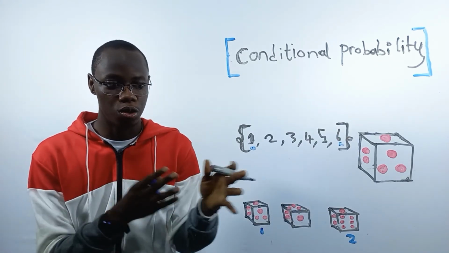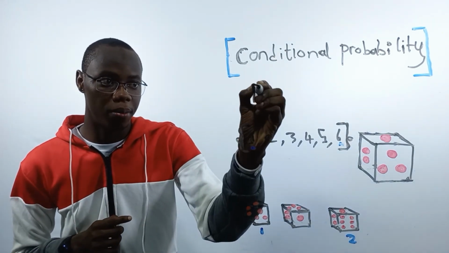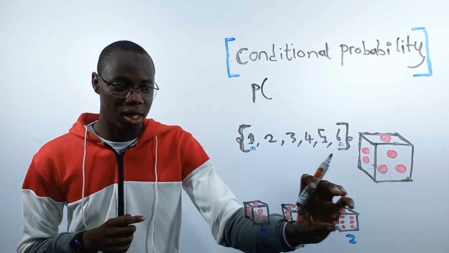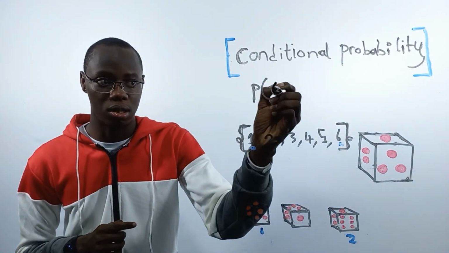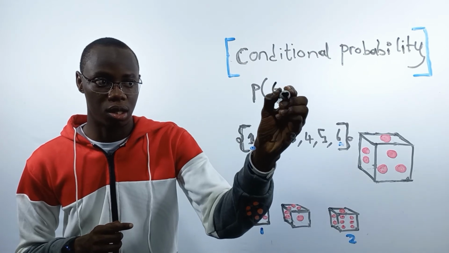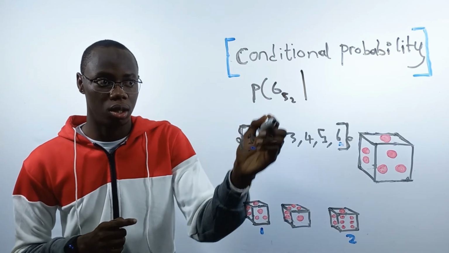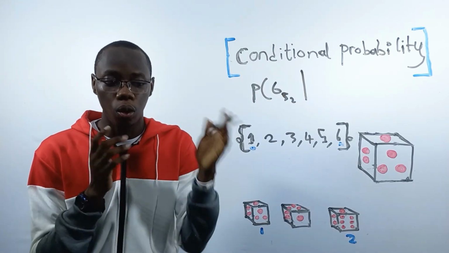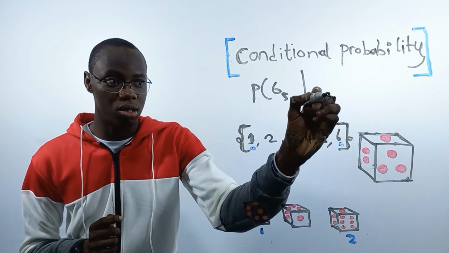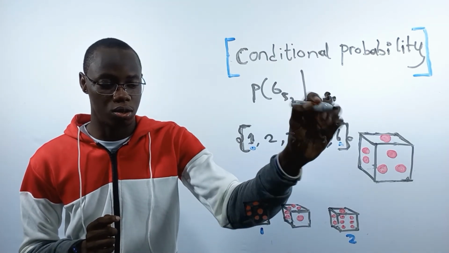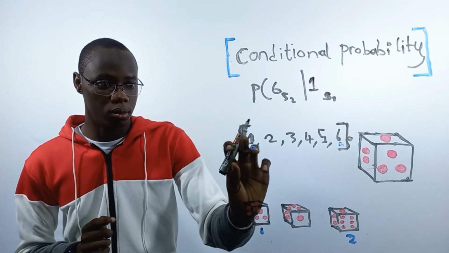So how do we write this conditional statement? We can write it like this: the probability of us getting a 6 in the second toss, given, that's the notation there, given only that in the first throw, I'm using first S to represent first throw, we got a 1, like this.